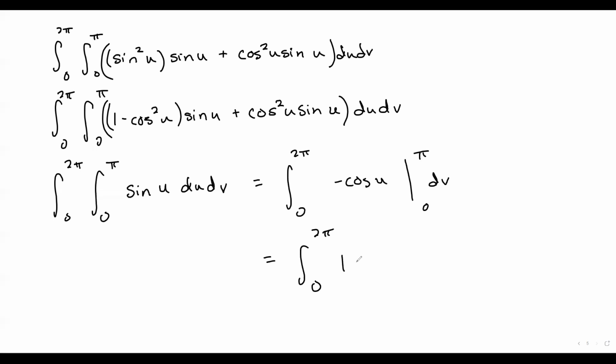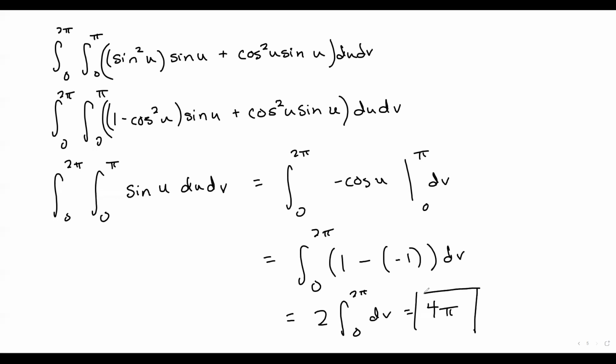So that's going to be 1 minus, and then plug in 0, and you're going to get minus another -1. Anyway, lots of negatives in there. The whole thing's going to simplify into 2, 0 to 2 pi dv. We get 2 times 2 pi. That's going to be 4 pi. All right, and that is our answer.